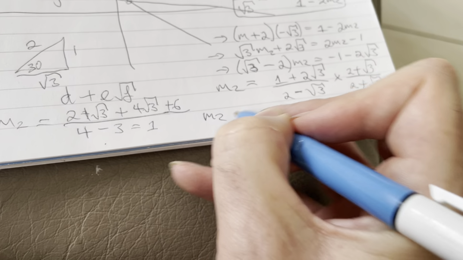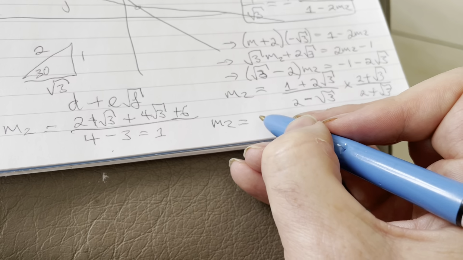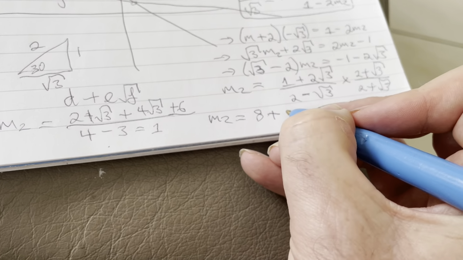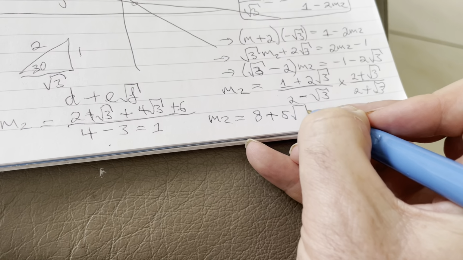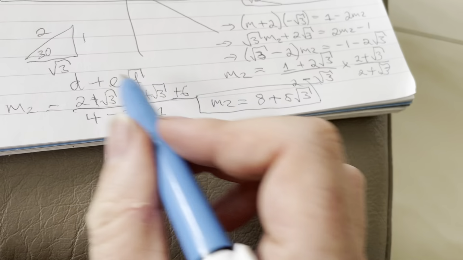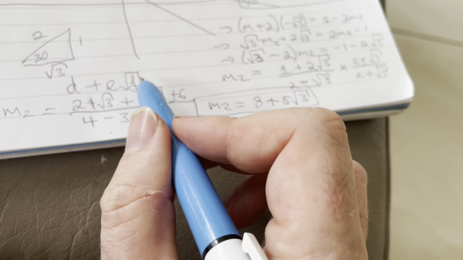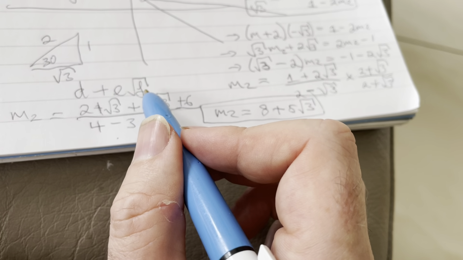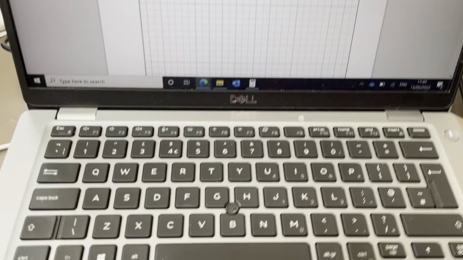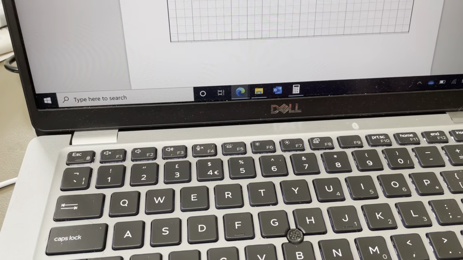So m2 is equal to 8 plus 5 root 3. So that's now in the format that we've asked. So d is 8, e is 5, and that pesky little f is 3. Okay, so that looks okay, and that's the end of that question.